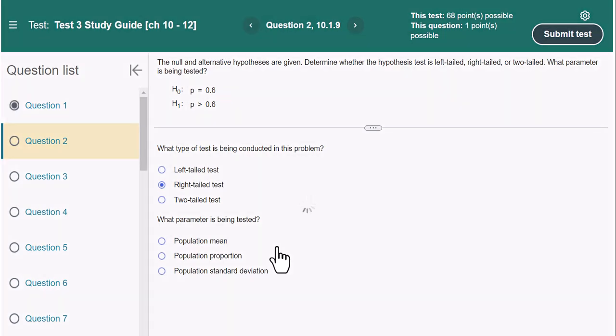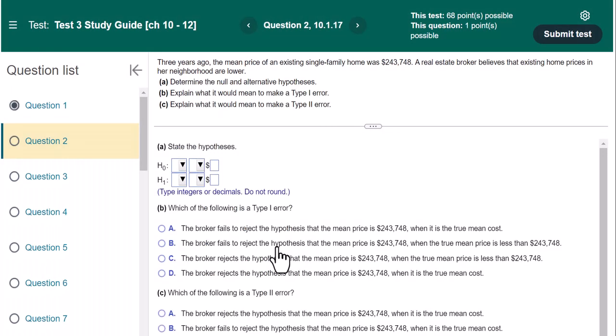Okay, so we're going to go to question 2 now. 3 years ago, the mean price of an existing single-family home was $243,748. The real estate broker believed that existing home prices in her neighborhood are lower. Lower means less than $243,748.